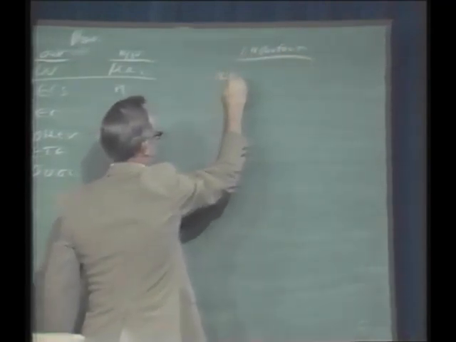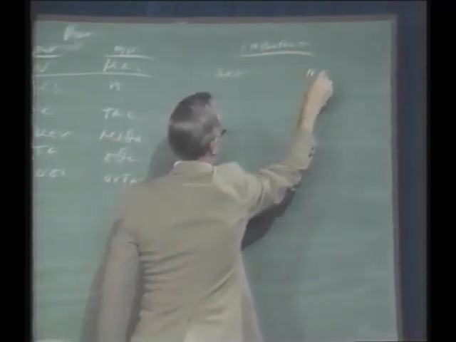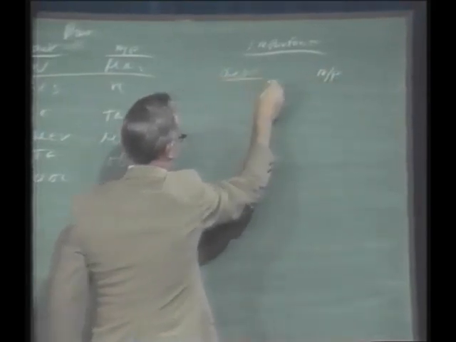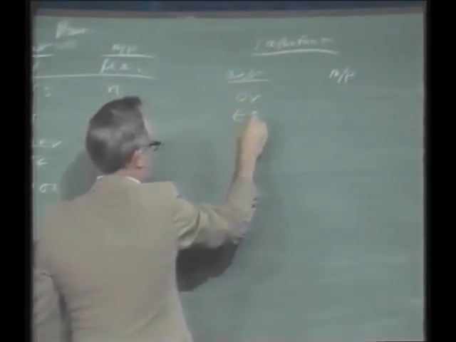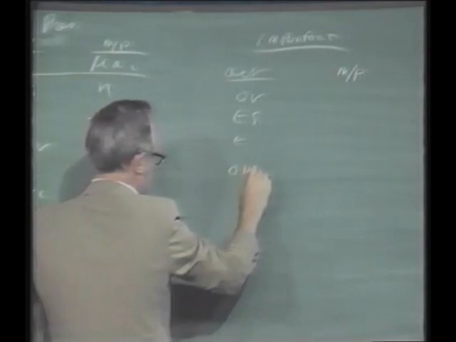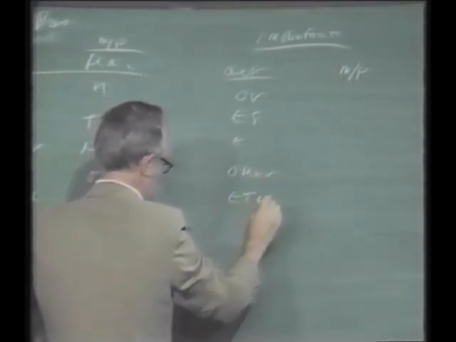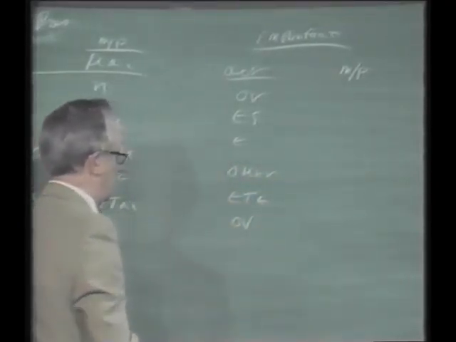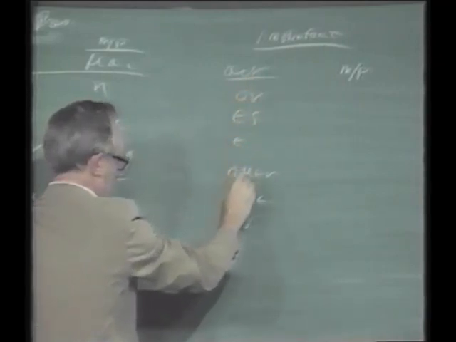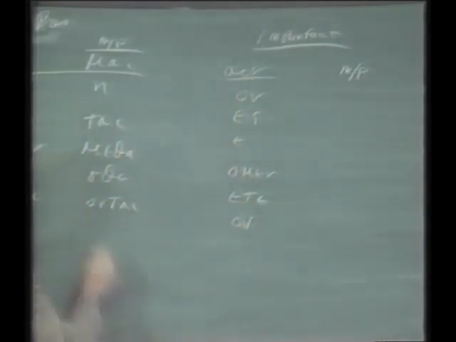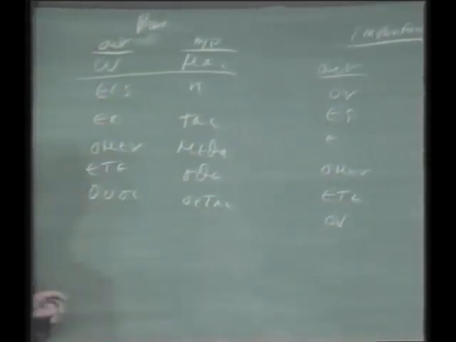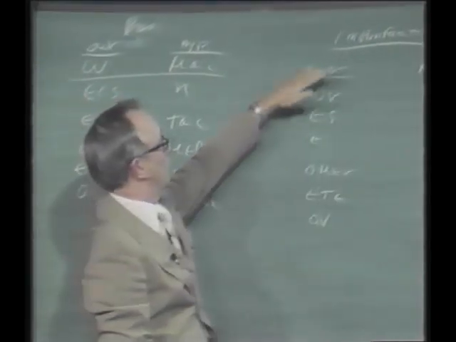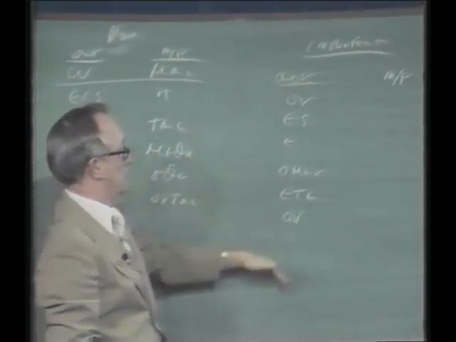Imperfect, active, and now we have the middle and passive. The active: on, es, e, omen, ete, on. Now, of course, we know there are variable vowels in there, but the way we learned them was on, es, e, omen, ete, on.